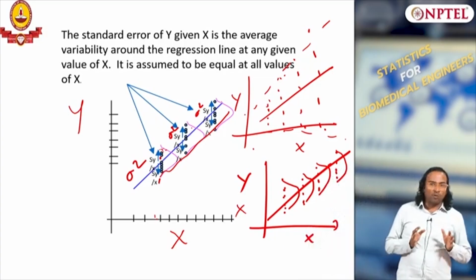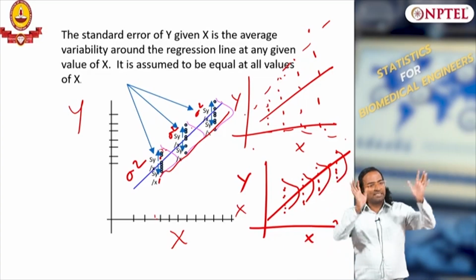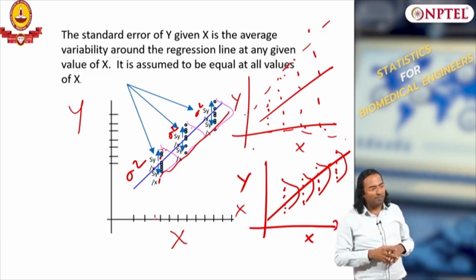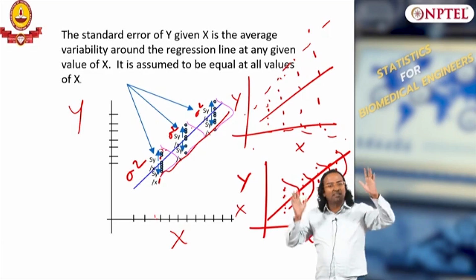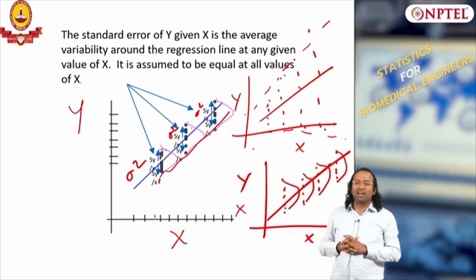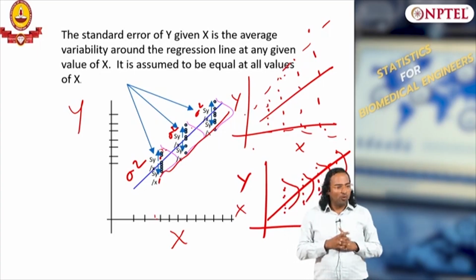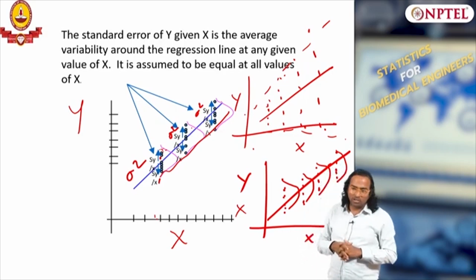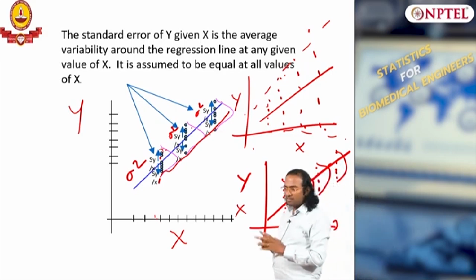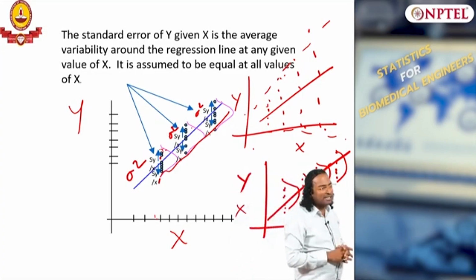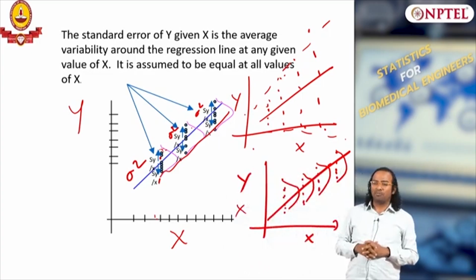If for whatever reason the variance is increasing, which will happen in your stock markets, in many data, even in your biomedical data, then linear least squares is not a good method. Only under these assumptions we will show that linear regression is the best method, but if any of the assumptions are violated, then linear least squares is a suboptimal method.